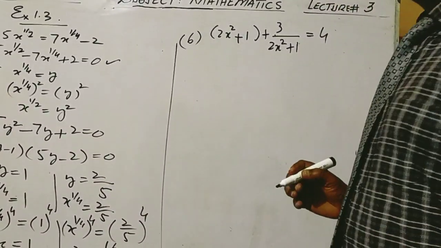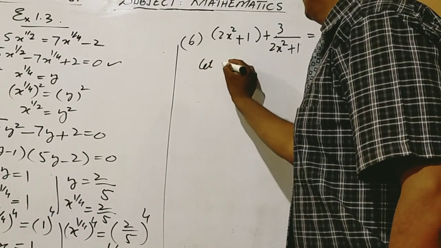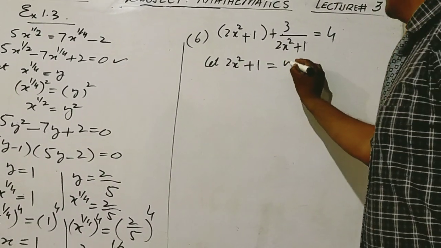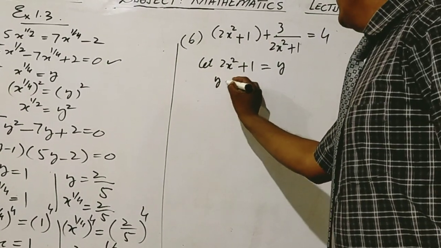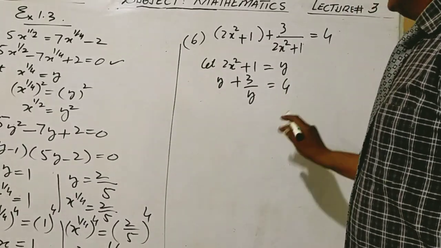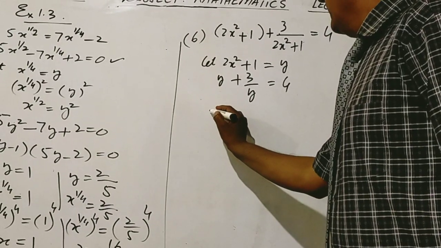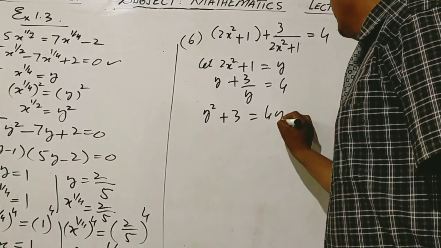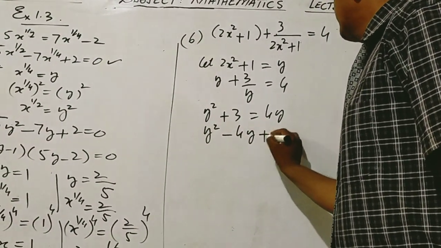Now again you are using the proper substitution. Let 2x squared plus 1 be equal to y. So the original equation will become y plus 3 upon y is equal to 4. Now you can simplify this by multiplying both sides by y. So y squared plus 3 is 4y. So this is y squared minus 4y plus 3.